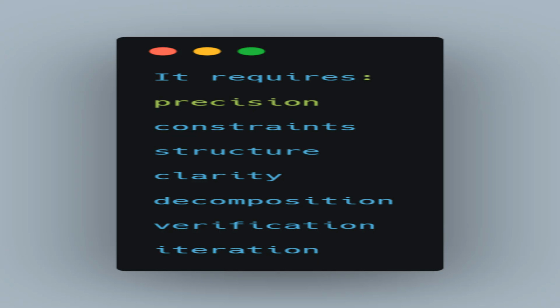It is thinking like an architect. It requires precision, constraint, structure, clarity, decomposition, verification, iteration, and probably above all, you must think before the model thinks, right? So you need to think.